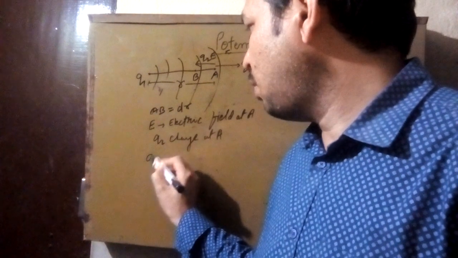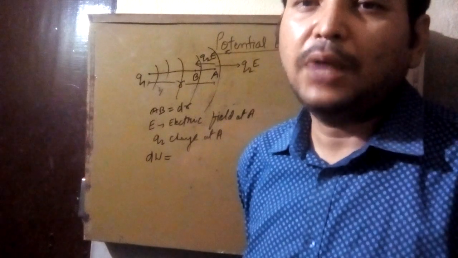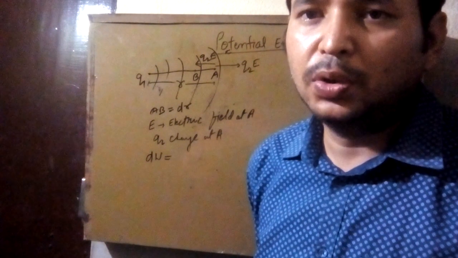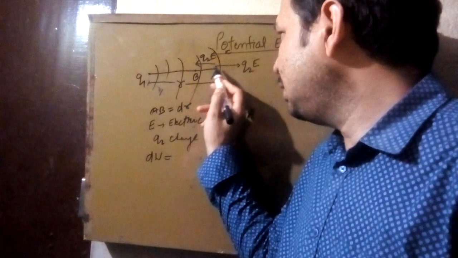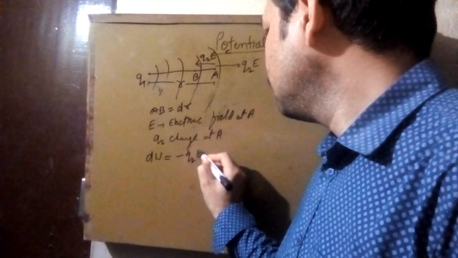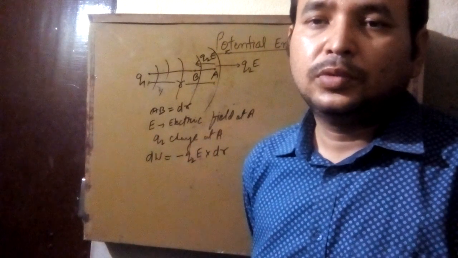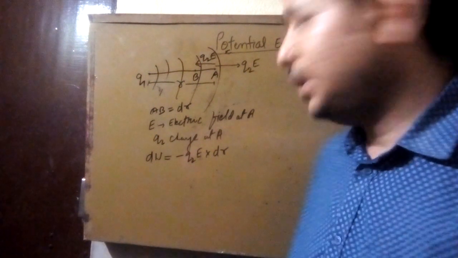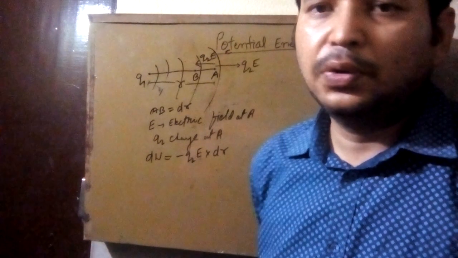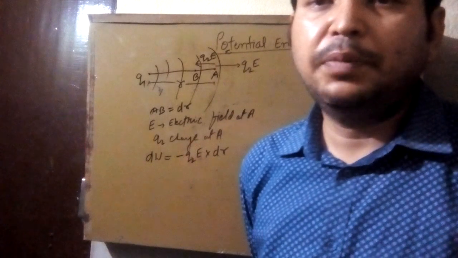So what is the small work done by the external agency? By me, if I am moving, I am the external agency. The small work done is the force applied by me, that is minus Q2E, and the displacement is dr. You can calculate the small work done by the formula also, F into dr. The force here is Q2E and dr, and the angle between them is 180 degrees.